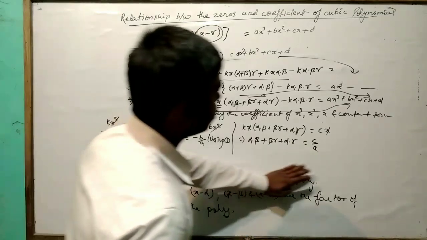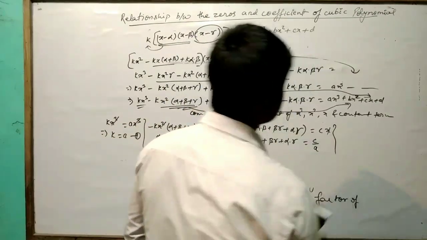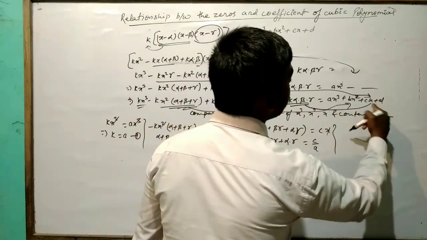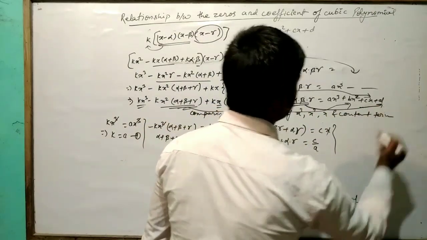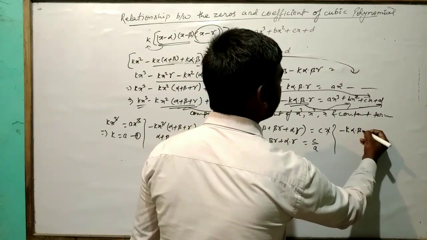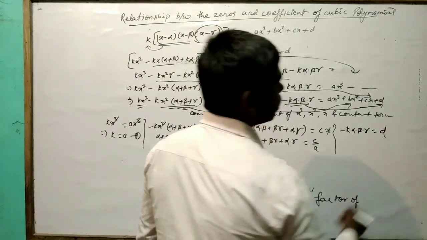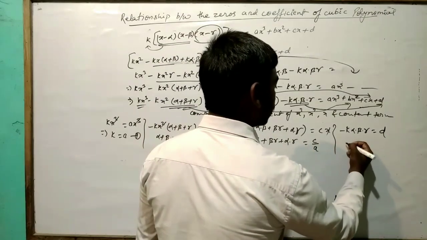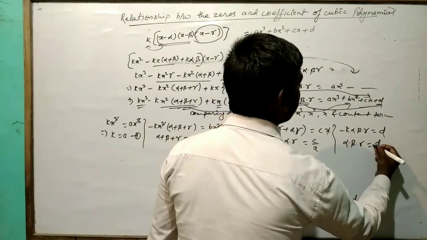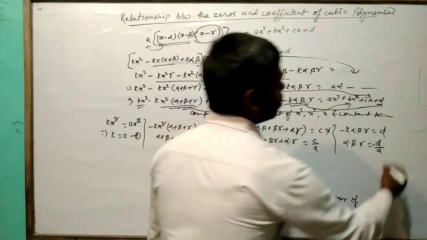And the last term is the constant term: minus k alpha into beta into gamma is equal to d. Now alpha into beta into gamma is equal to minus d by a, using the first.